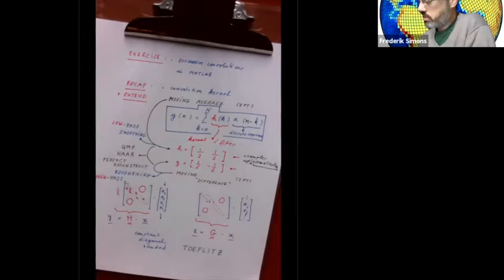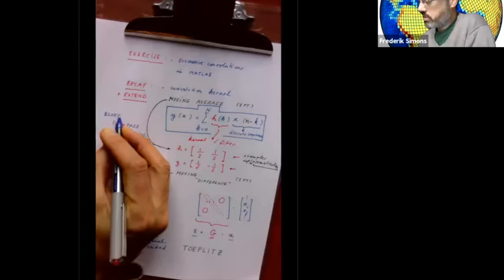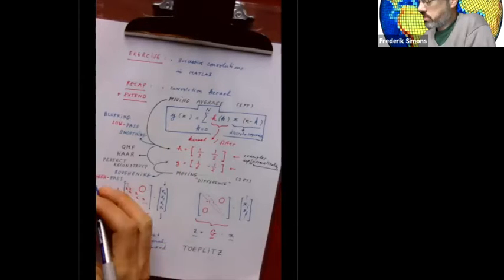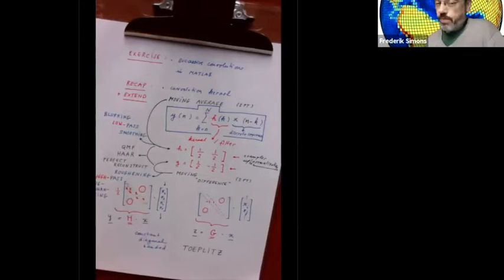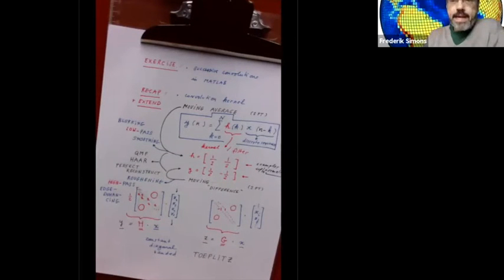So blurring versus edge enhancing. Okay, so we're in this sort of domain where statistics and matrix theory and image analysis and time series analysis and Fourier analysis and linear time invariant systems, it's all the same thing.